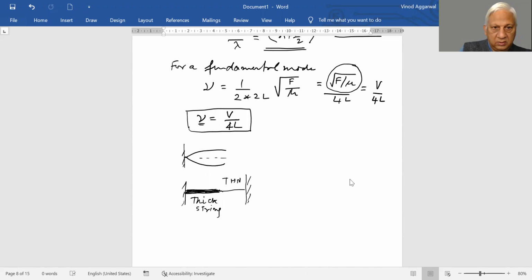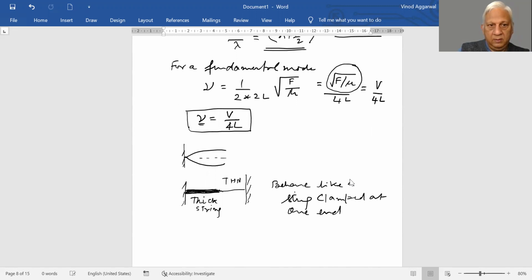This thick string will behave like a string clamped at one end, which is this end, and the other end is free.